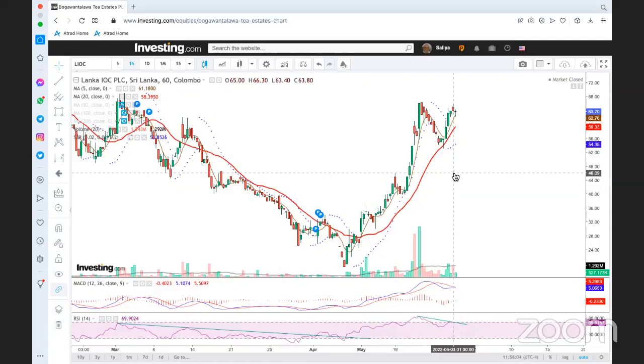After getting the shortlist, we move to the 1-hour chart, and then we move to the 15-minute chart. Then also we use the 5-minute chart to shorten that list much further, to minimize it. That is the principle.